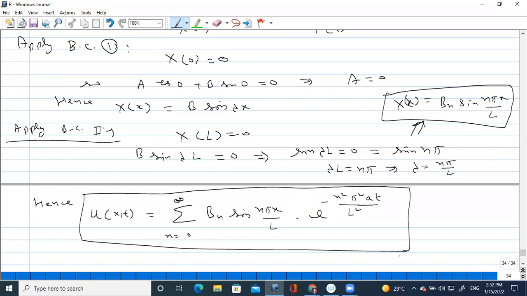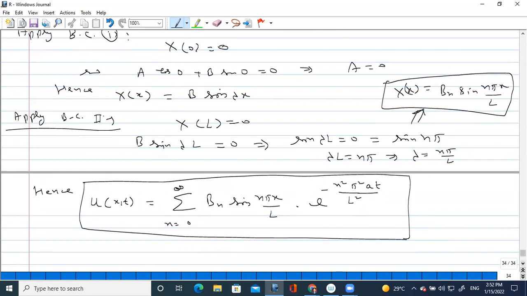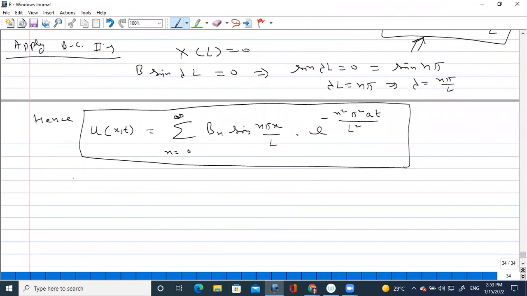Okay, now I told you some more boundary conditions can be given. So you might have seen yesterday we have taken, if it is u(x,0), we have taken a function f(x). If it is u_t(x,0), then we have taken a function g(x).